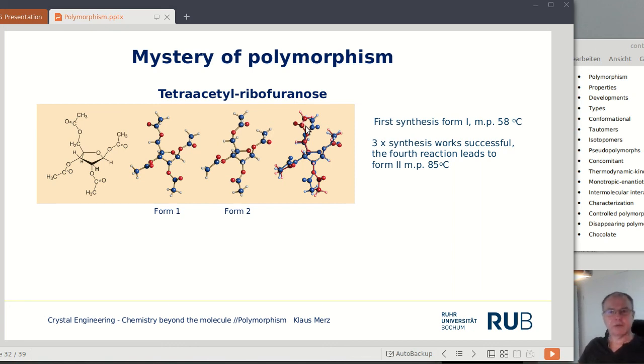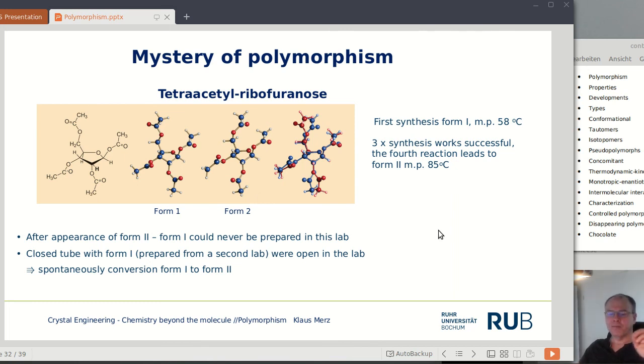Strange, really strange, was that we never got form 1 after the appearance of form 2. The team was not able to prepare form 1 again in this lab. We always obtained form 2.